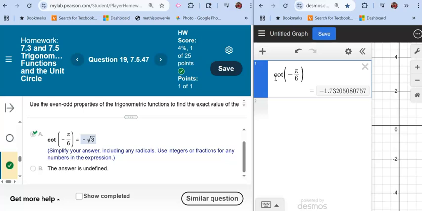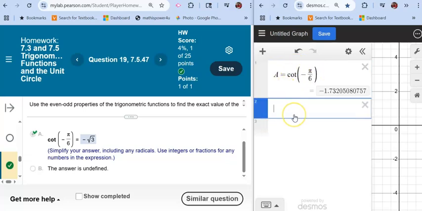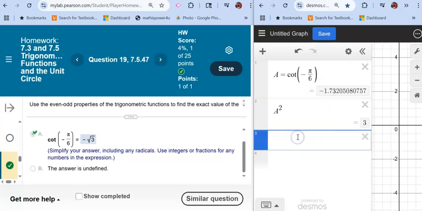So I'm going to call this A, my answer. A equals what I just typed in. Well, if I square that, I get 3. So that means this number is the square root of 3. Okay, but it's negative when I typed it in there. So this is the negative square root of 3. So I can type it in just to verify, and I see that that matches up.